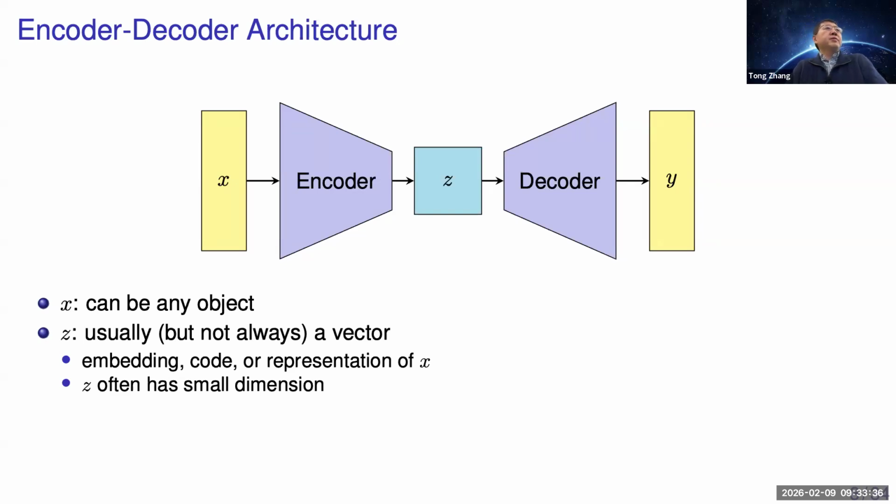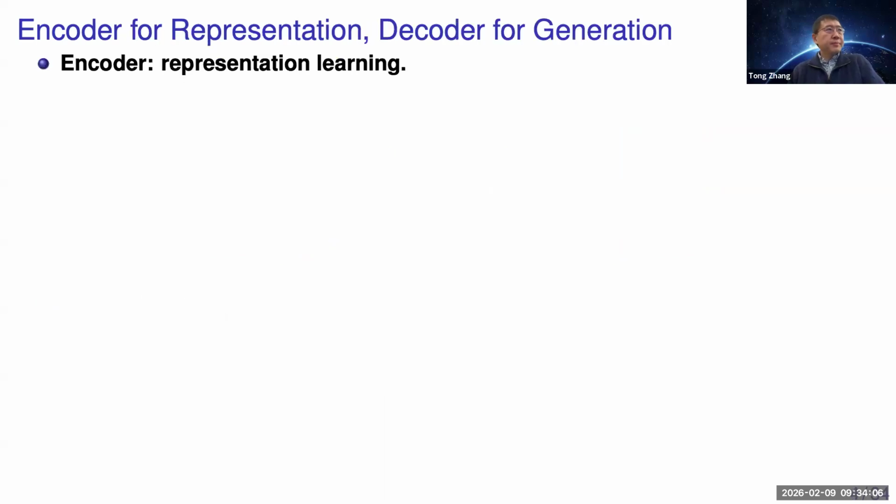Especially with the autoencoder, you would just learn the identity map, which is not too interesting. You want to learn a representation so that similar objects will be similar, with some concepts in the smaller dimension. That is the compression. Y can be any object, and again it can be prediction or generation. We will look at examples of these.